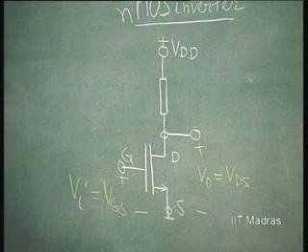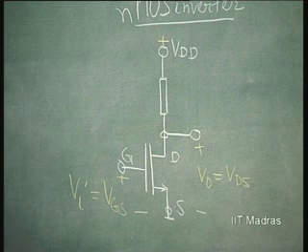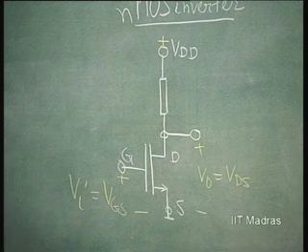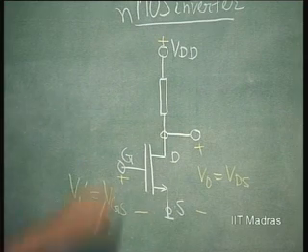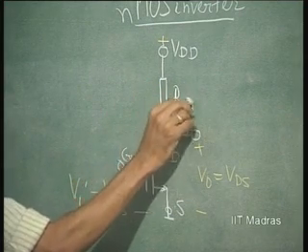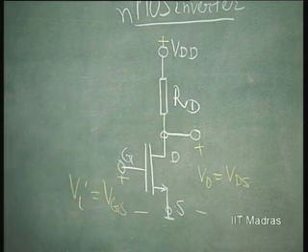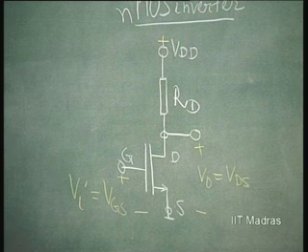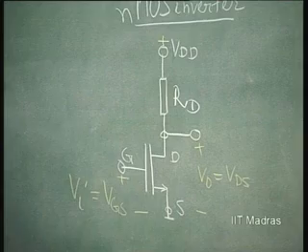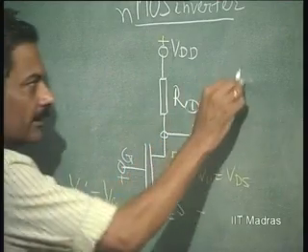Vi equal to VGS is the input voltage, V naught equal to VDS is the output voltage. Now, call this resistance RD. We would now like to know about what is called the transfer characteristic.